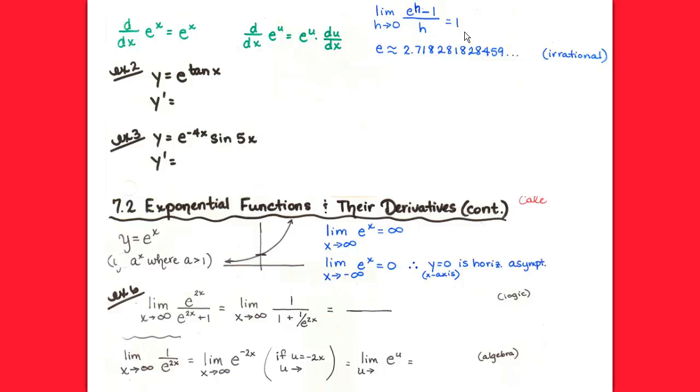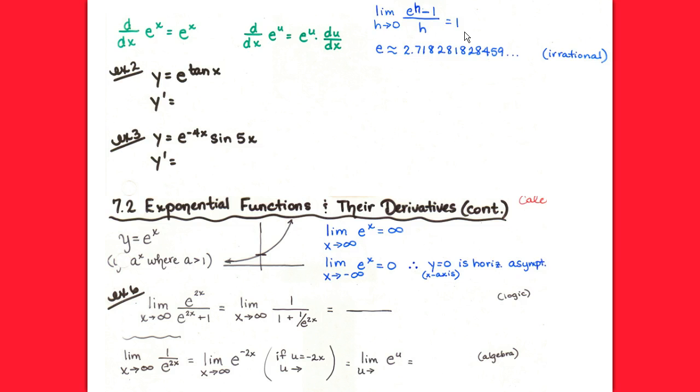They tell me here in the textbook, geometrically, of all of the possible exponential functions, y equals a to the x, the function e to the x is the one whose tangent line at (0, 1) has a slope, the derivative of the function at 0, that is exactly 1. So thus the exponential function f of x equals e to the x has the property that it is its own derivative.